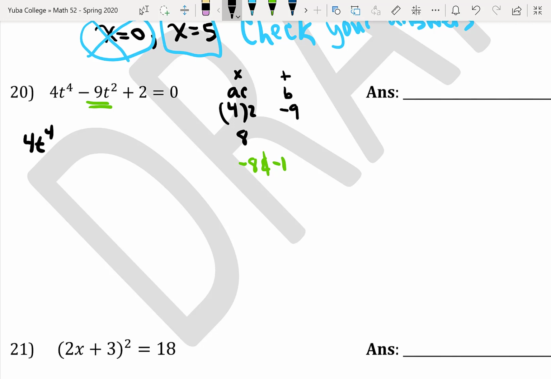The point of doing this is that we can now use factoring by grouping. If we look at what the first two terms have in common, that is a 4t squared. If we pull out a 4t squared from the first two terms, you're left with a t squared minus... no, minus a 2.